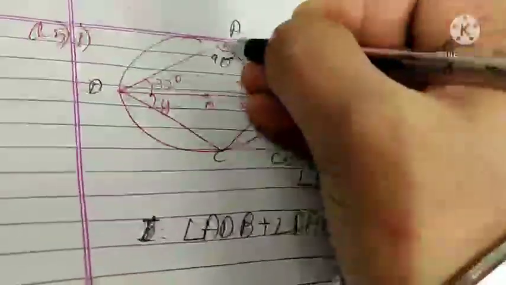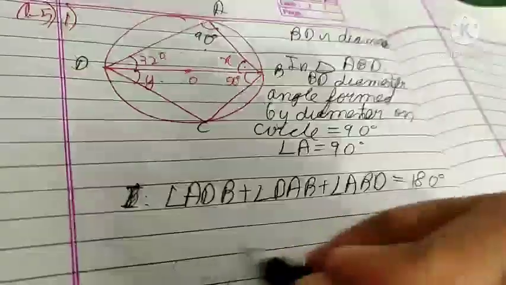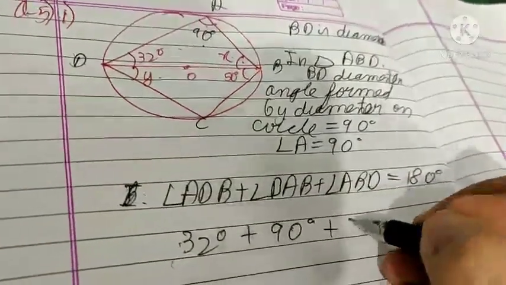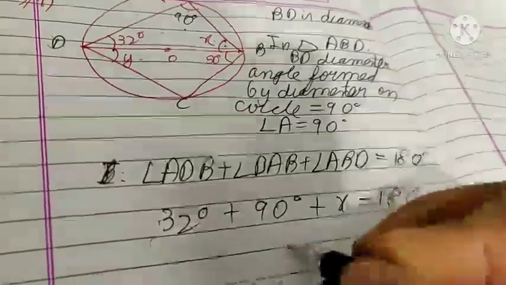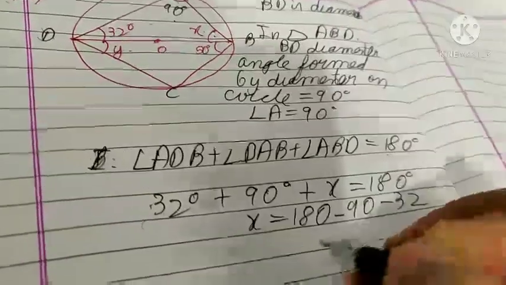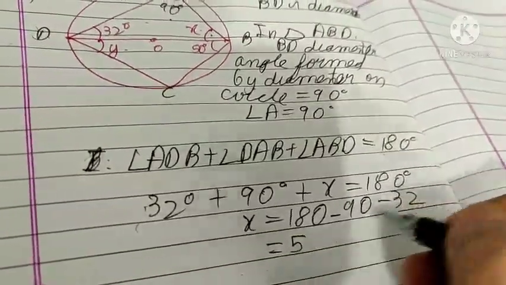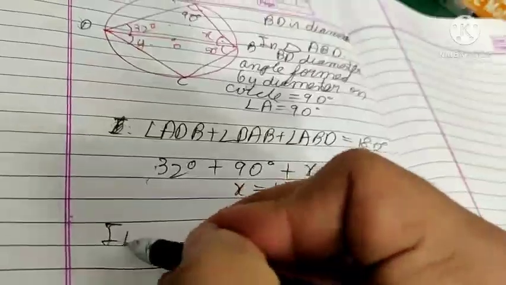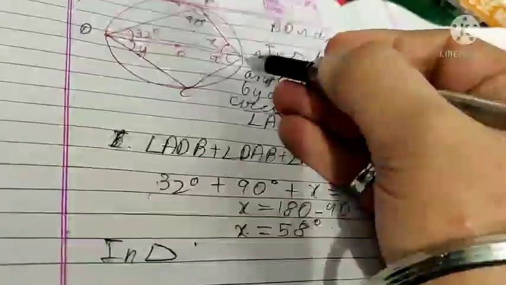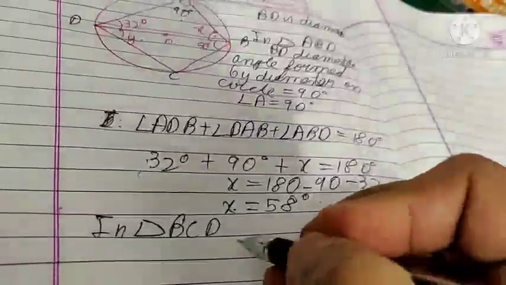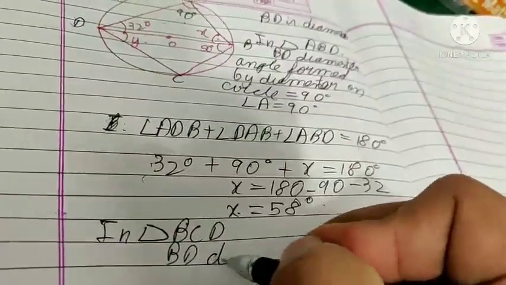That is, this 32 degrees plus 90 degrees plus x equals 180 degrees. So x equals 180 minus 90 minus 32 degrees, which is 58 degrees. We have got the value of x. Now in the lower triangle BCD, we have to find angle y. Here BD is the diameter again.